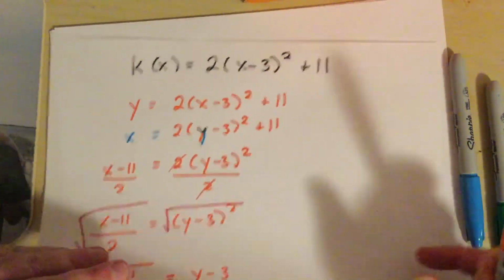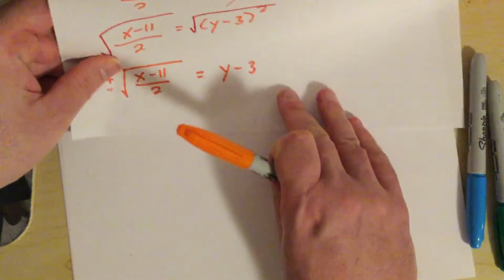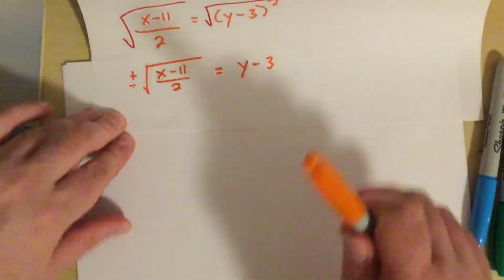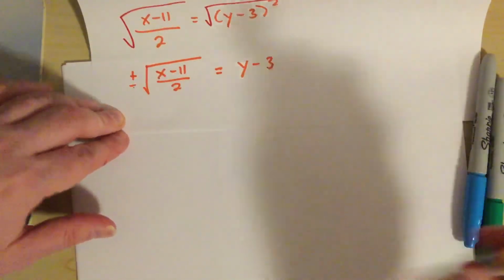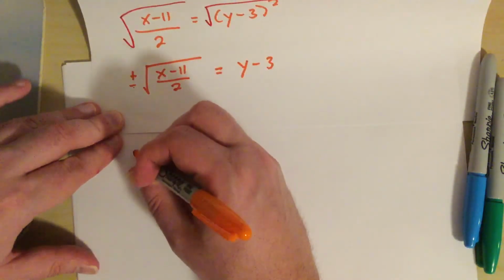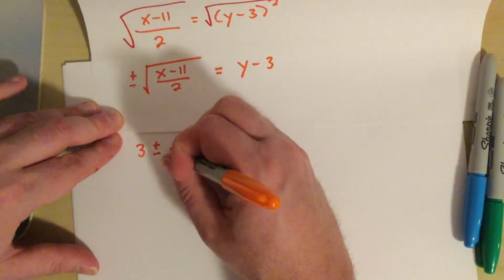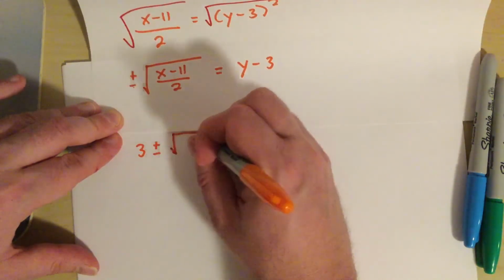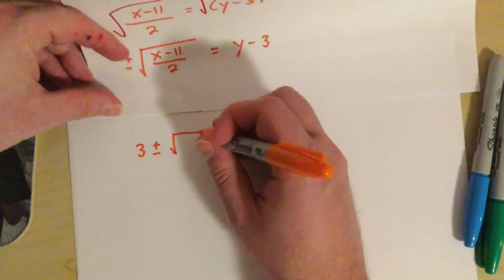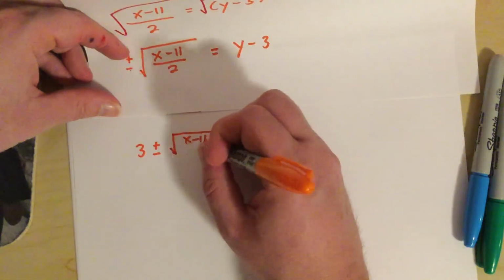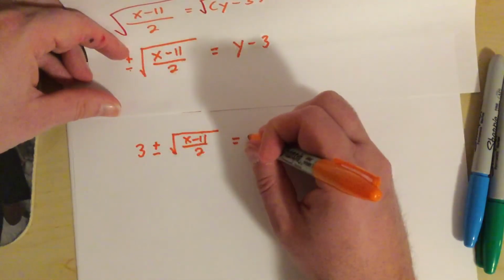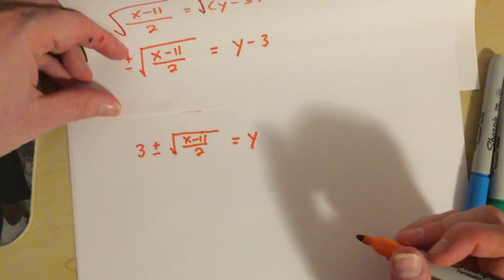So we bring the 3 over, we're going to get positive 3. So it's going to be 3 plus or minus the square root of x minus 11 over 2 equals y.